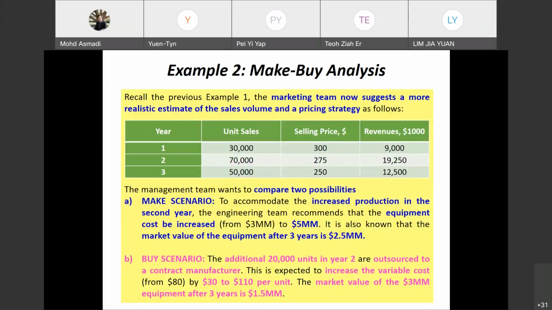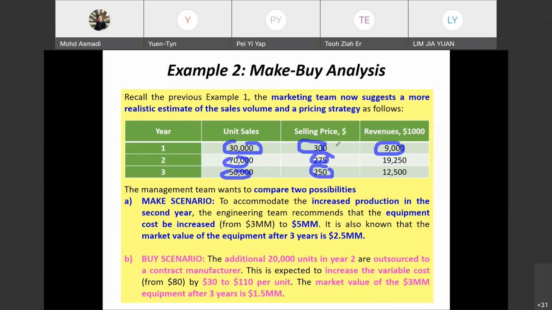From the textbook, this one is 19.2 and this one is 19.3. Recall the previous example. The marketing team now suggests a more realistic estimate of the sales volume and pricing strategies as follows: unit sales 30,000, 70,000 in year 1, year 2, and year 3, selling price 300, 275, and 250.